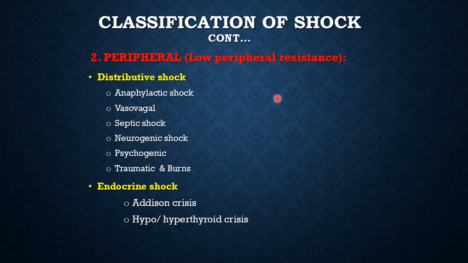The peripheral types of shock include distributive shock and endocrine shock. Distributive shock is where the volume of fluid in the body remains the same.